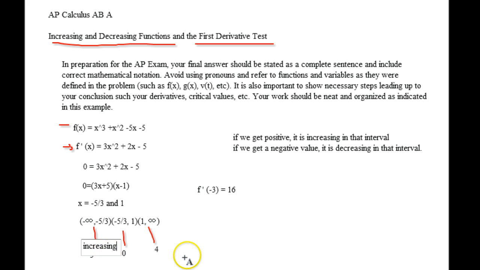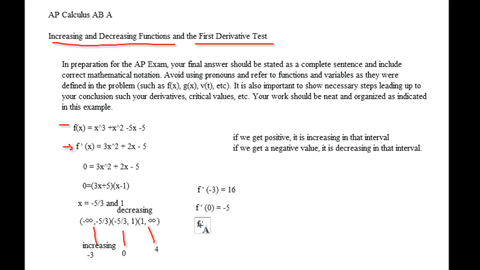Okay, simple as that. Next we plug in 0, f prime of 0. We should get negative 5, so that means it's decreasing here. Okay, that's pretty cool.